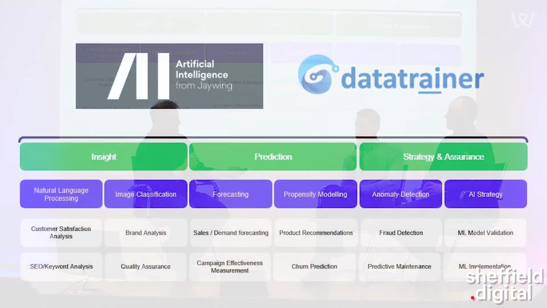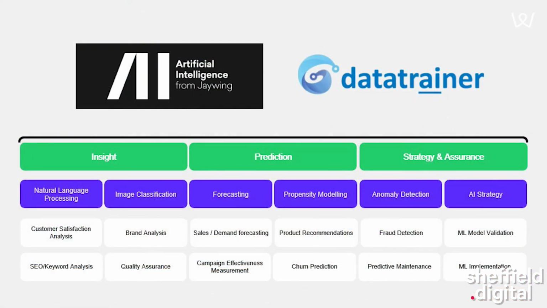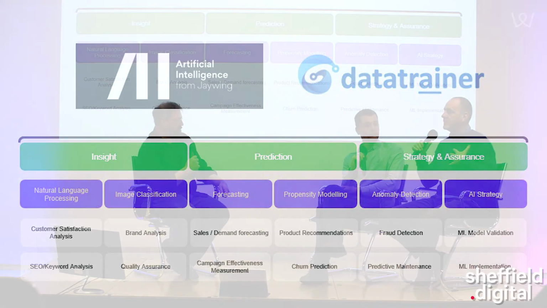Okay, and so Archetype is built by Jaywing, of which you are the engineering lead for AI, I think. Yeah. But Tim, you founded a startup called Datatrainer, and you're using Archetype or Jaywing's capability in some other areas. My startup based over at Collider is basically me. Datatrainer is me. I've created and built and sold a couple of businesses.